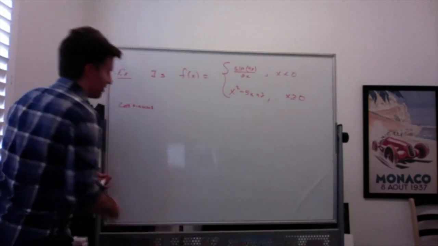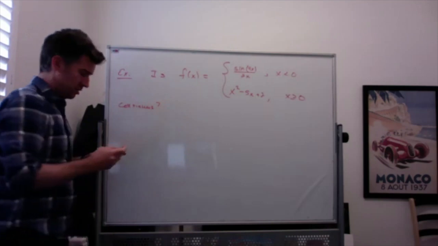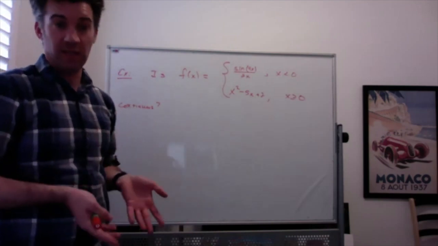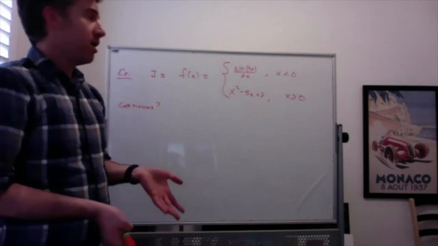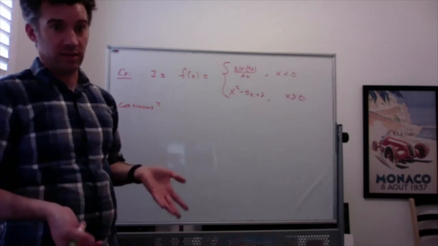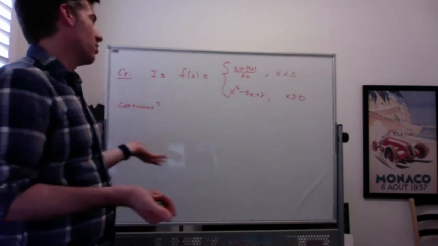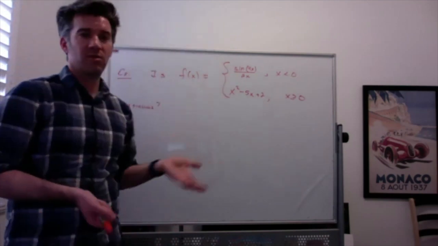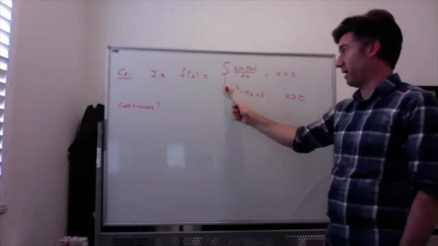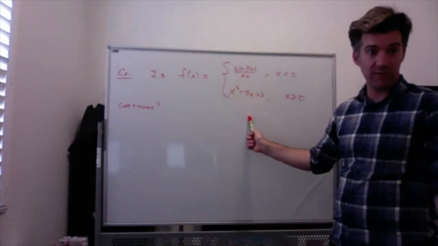So here's some quirks about these questions. If I ask you if a function is continuous, I really am asking you, is it continuous everywhere? If I ask you if a function is discontinuous, I'm usually asking you where it's discontinuous. So here, there's only really one point we're concerned about continuity. I know that this quadratic function is definitely continuous everywhere it's defined.